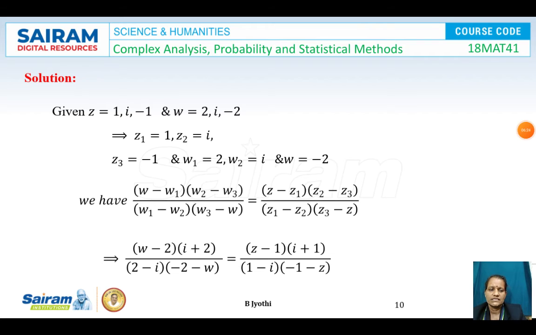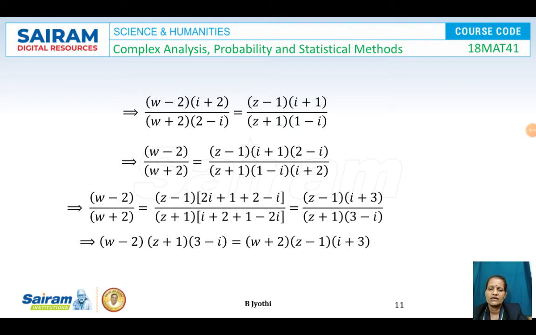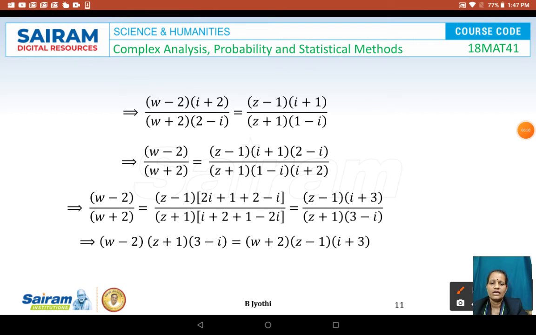Now simplify this. That is (W - 2)(i + 2) divided by (W + 2)(2 - i) is equal to (Z - 1)(i + 1) by (Z + 1)(1 - i).